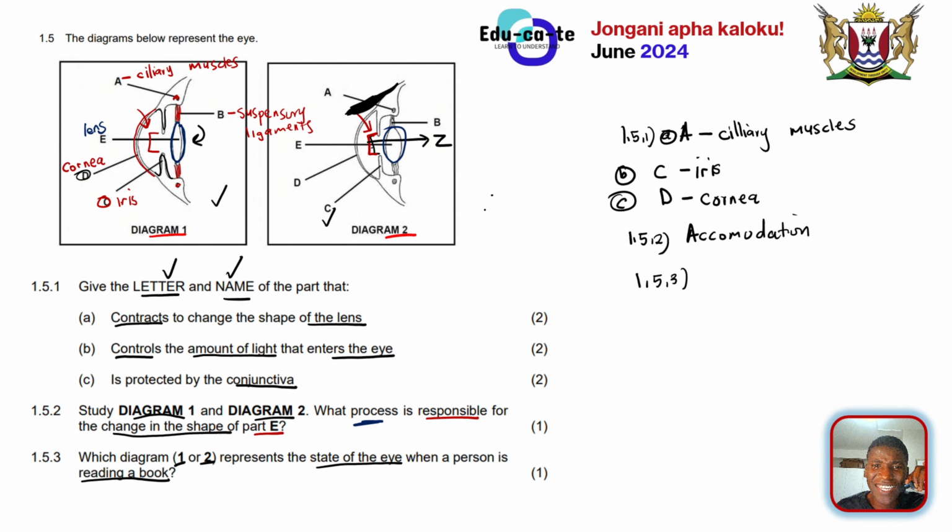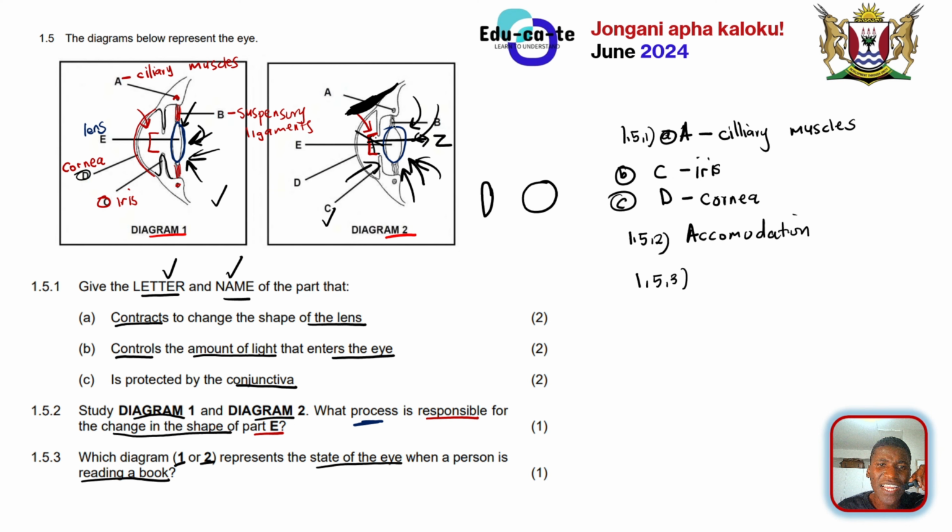You can see that this is the lens, part E. It must be something that you can see, grade 12, so that you can get it correct. In diagram 1 the lens is very small, but if you compare to diagram 2, the lens is more bulgy, more rounded. Look at part E here, which is the lens.